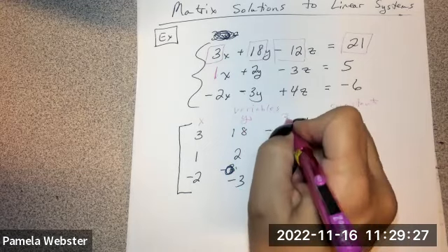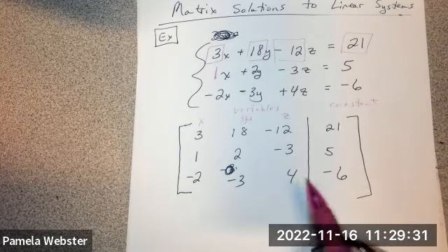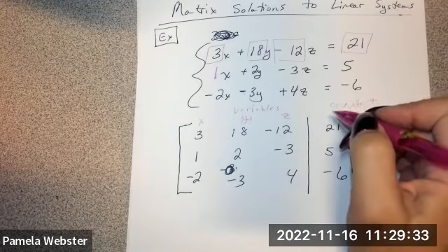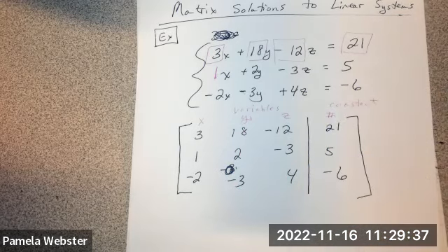And then I can look at this one and say, that's my Z column: -12Z, -3Z, 4Z. So we can always go back and pick those things up. And the last thing, the one that's by itself, that's just a number. So that means I'm not going to move anything out of the column it's in, right? All the first guys are always going to be my X's, then my Y's, then my Z's, then my constant numbers off by themselves. So that's what a matrix is going to look like in general.